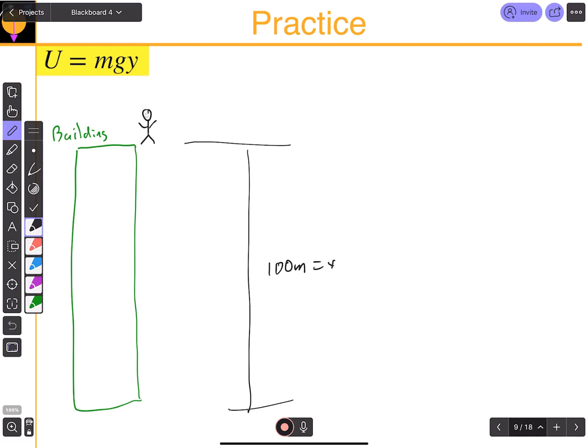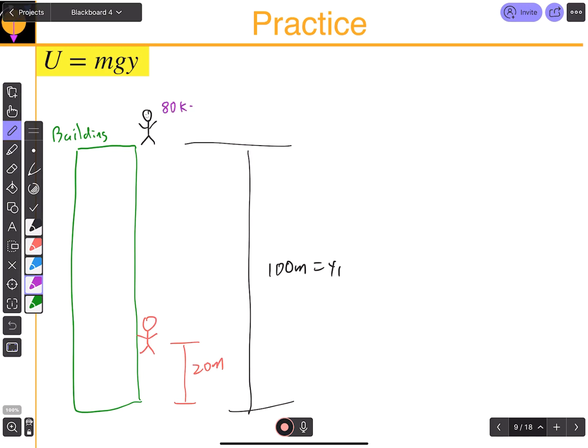So that's y at the top. What's my potential energy at the top? What's my potential energy when I am only 20 meters up? And let's say my mass here is 80 kilograms. And this is y1, and down here is going to be y2.